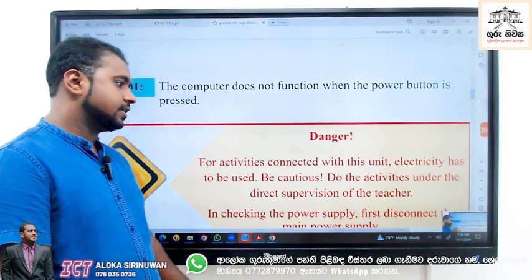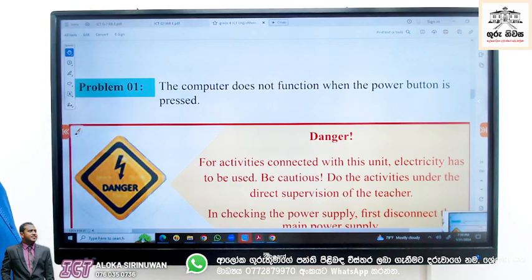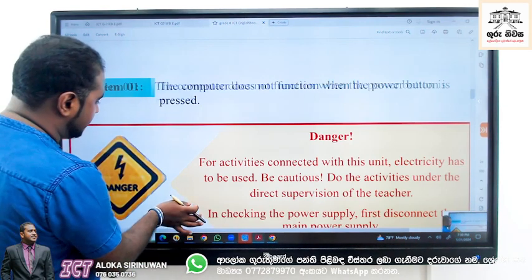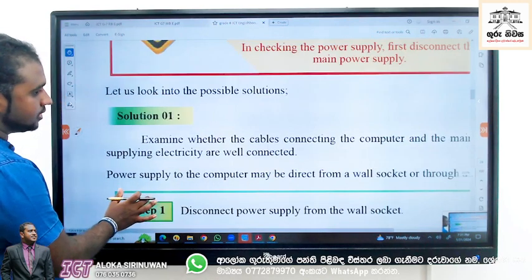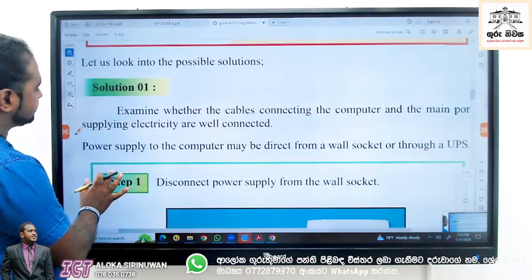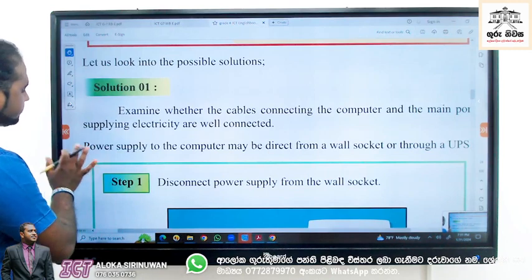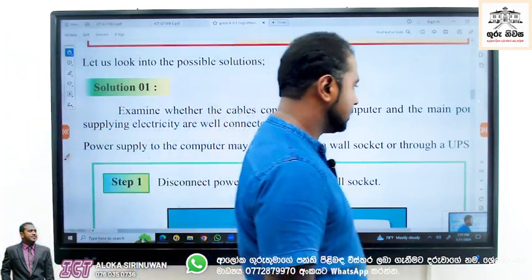Okay, right? Now write, everyone. Solution number 1.